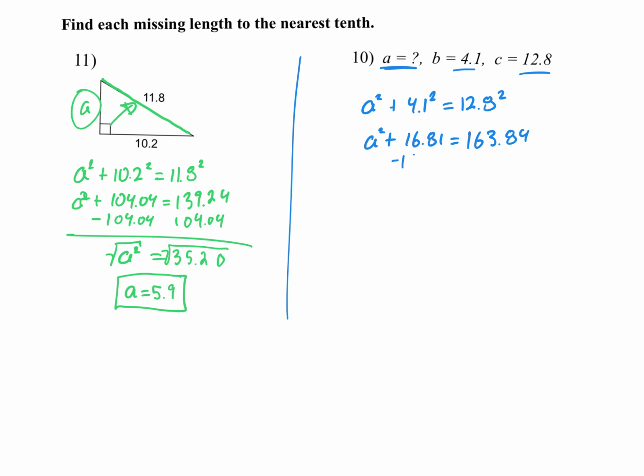Going ahead and subtracting that 16.81 from both sides, I get A squared is equal to 147.03. I want to take the square root, and I end up with A is equal to 12.12 or 12.1.